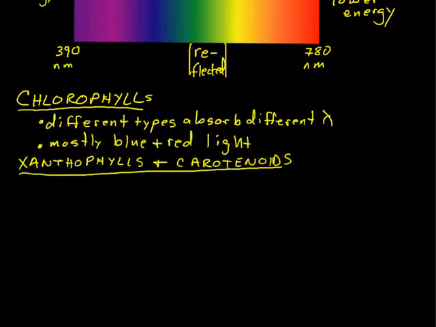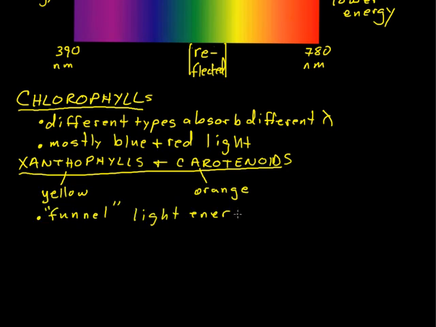The xanthophylls tend to be yellow, and the carotenoids, as you may have heard of, carotenoids or beta carotene found in carrots, which happen to be orange, and things that are orange in the plant world anyway tend to have lots of these carotenoid pigments in them. These are also found in chloroplasts, and their job, although they're not as abundant as the green chlorophylls, their job is to help funnel light energy, we'll say, to the chlorophylls themselves.